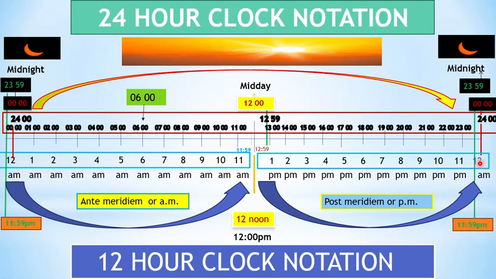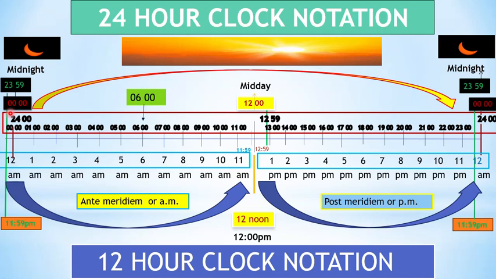In this system, time starts at 12 o'clock midnight and it is known as 0 hour because it is represented as 0000, 4 digits. So it means 24-hour clock system uses 4 digits to represent time.